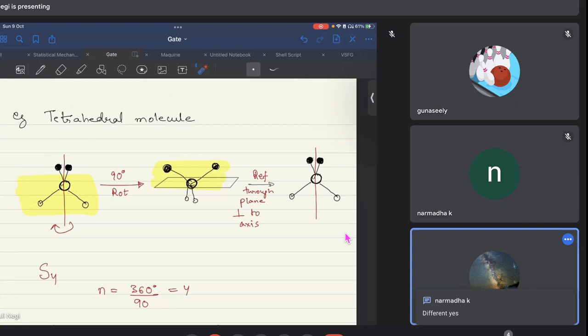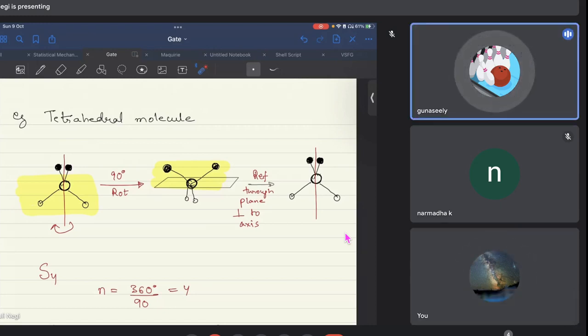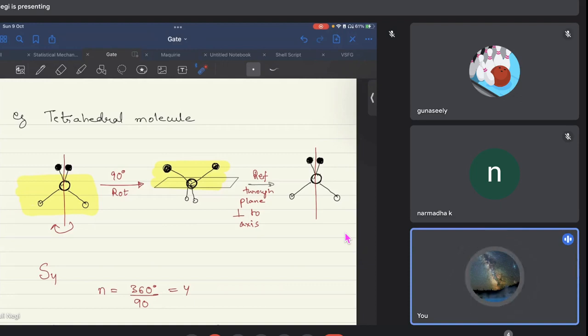Okay, just imagine they are same. Even if they are same, the configuration will be different, because let's say I number them 1, 2, 3, 4.